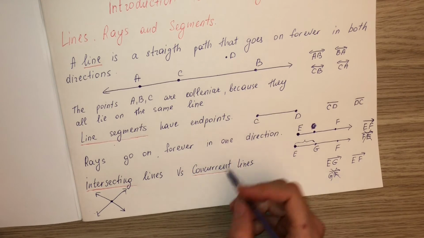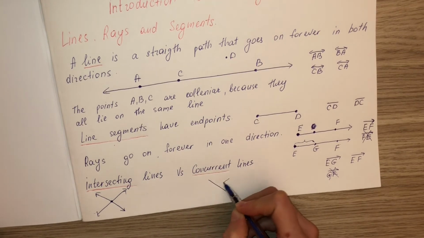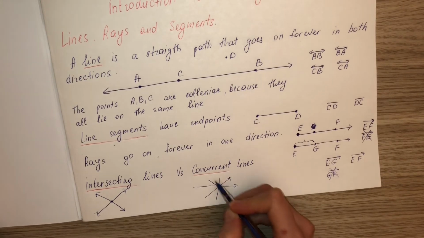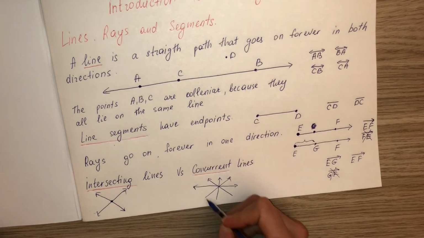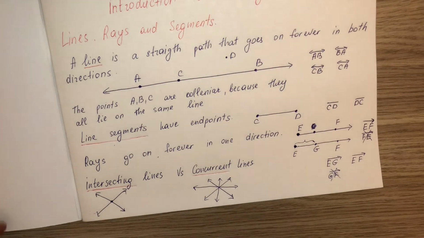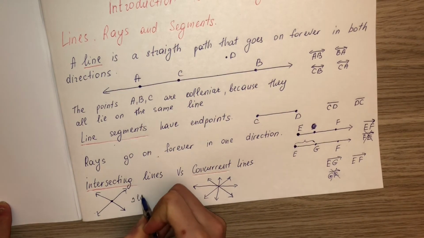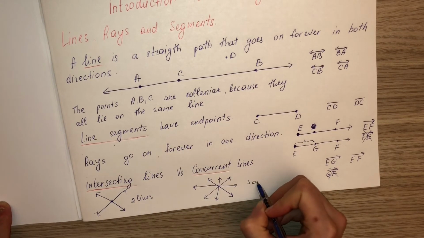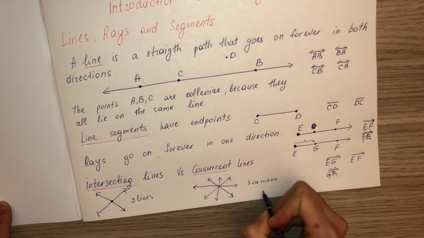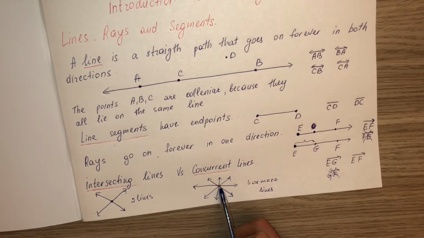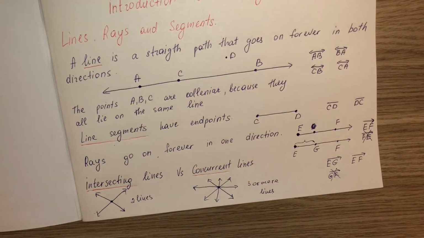But if we have three or more lines, these are called concurrent lines. So two lines are intersecting; three or more lines are concurrent if they intersect in one point.